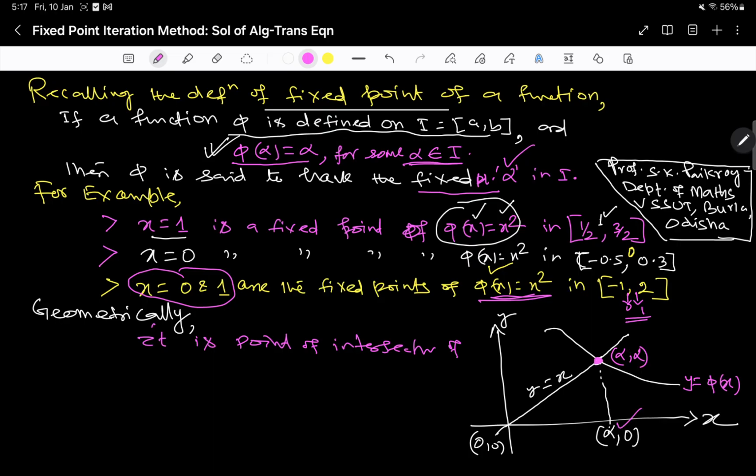So it is the point of intersection of the line y is equal to x and the curve y is equal to phi x. So this is the geometrical interpretation of the fixed point. Now let us use this idea to implement the fixed point iteration method.